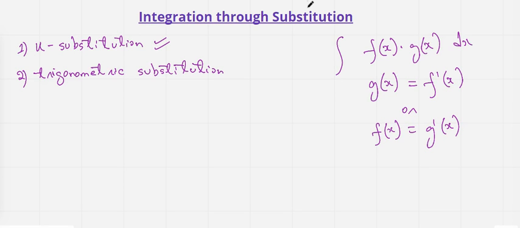Here, in the traditional approach, we replace the original variable in the integrand by our u variable. That's why we name it u-substitution.